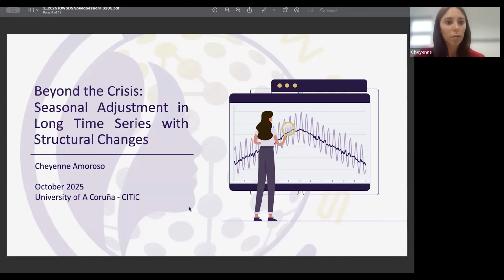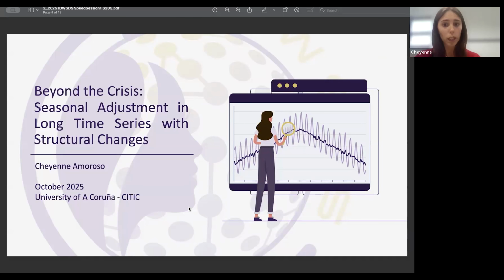So let me start by introducing what is seasonal adjustment. As many of you know, time series can exhibit a variety of underlying patterns that contribute to the observed changes over a period of time. These patterns are crucial to understand the dynamics within the data and can be broken down into three main components.